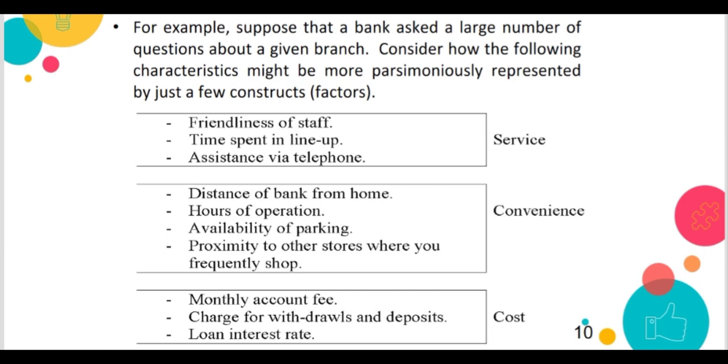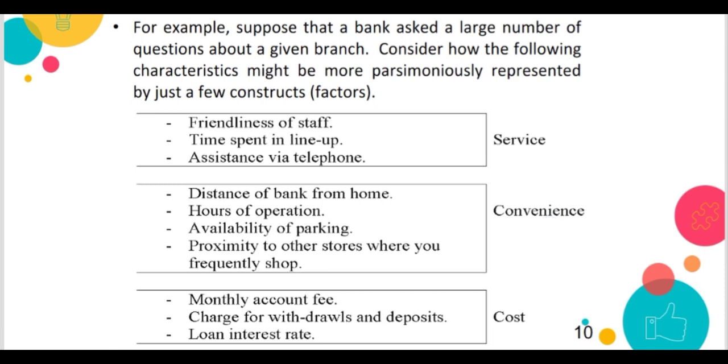Okay, and then next you also can name the new factors. We had 3 factors, so you must give a unique name to represent the variables in that factor. So for friendly, time spent, assistance, we can rename it as service. Distance, hours of operation, availability, proximity to other stores, we can name it as convenience.